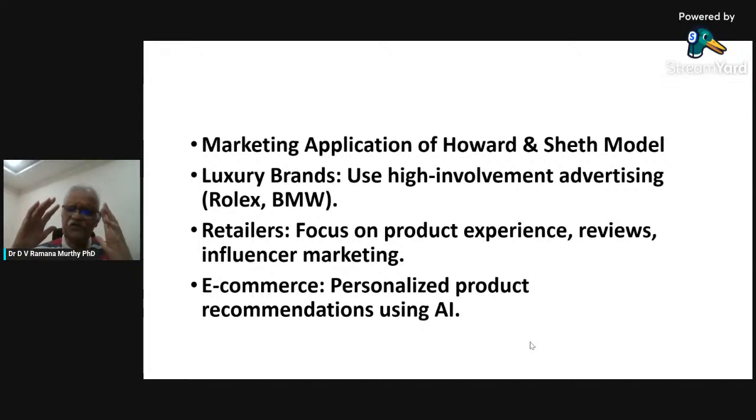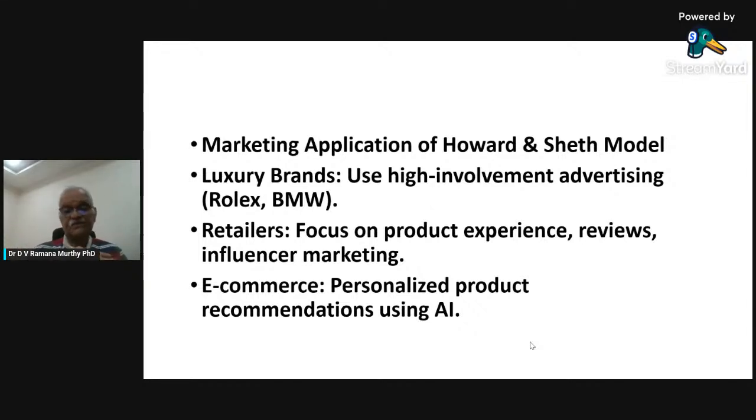These are almost all luxury brands, so they use high involvement advertising, can be BMW cars or Rolex wristwatches. What the retailers would be doing here is focusing on product experience, giving reviews, and going for celebrity marketing.